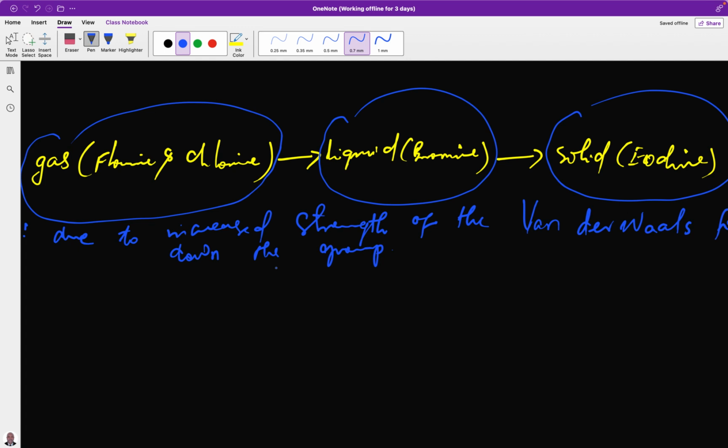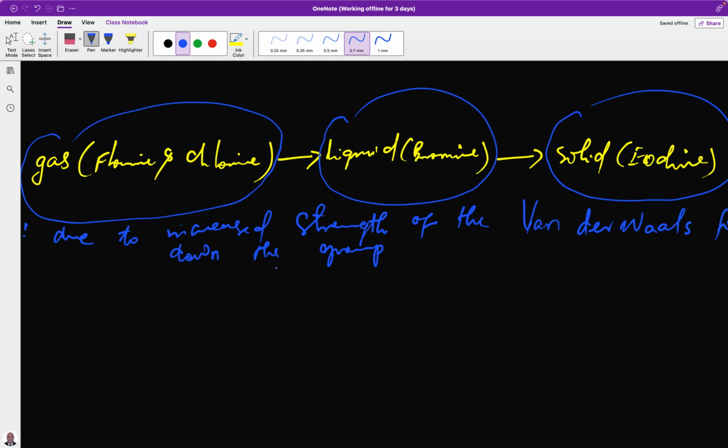And it should be noted that the strength of the van der Waals forces will increase with increasing number of electrons. As the molecular mass is increasing, the number of electrons is also increasing, and in the same way the van der Waals forces are increasing.